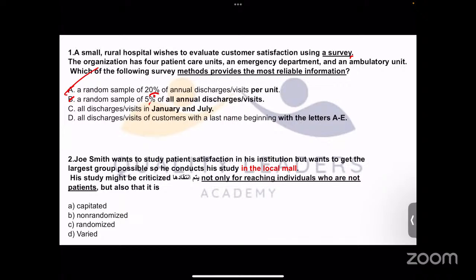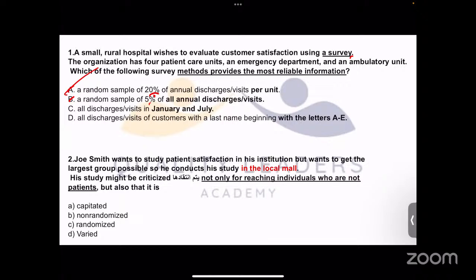This is a very important question and is frequently repeated in exam questions. A researcher here wants to study patients of a health institution but wants to get the largest group possible, so he conducted the study in the local mall. Will it be criticized not only because he surveyed individuals who are not actually patients, but also because it is what?